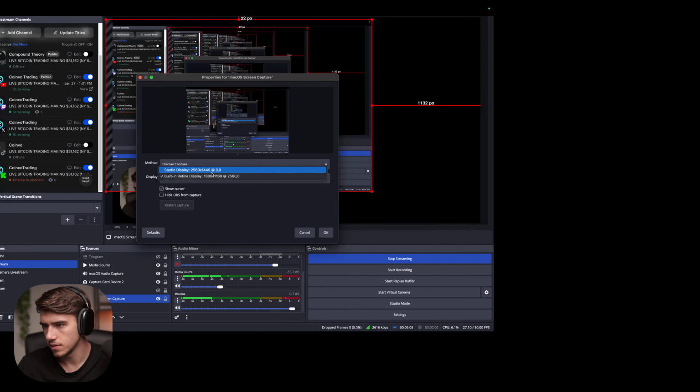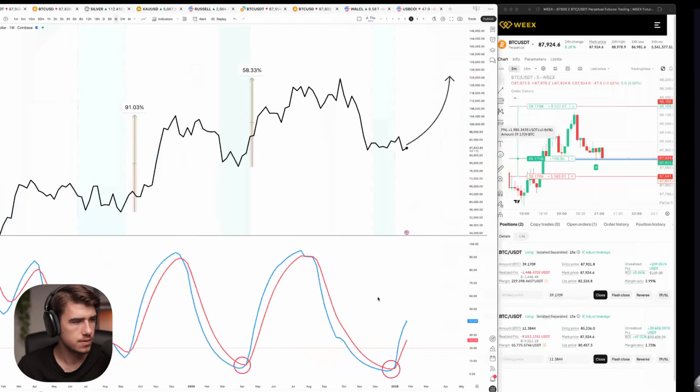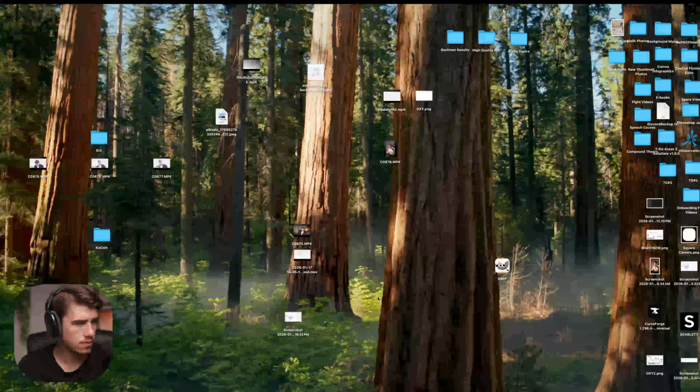Can't even see it. What the hell? Maybe I need to free up some space here.